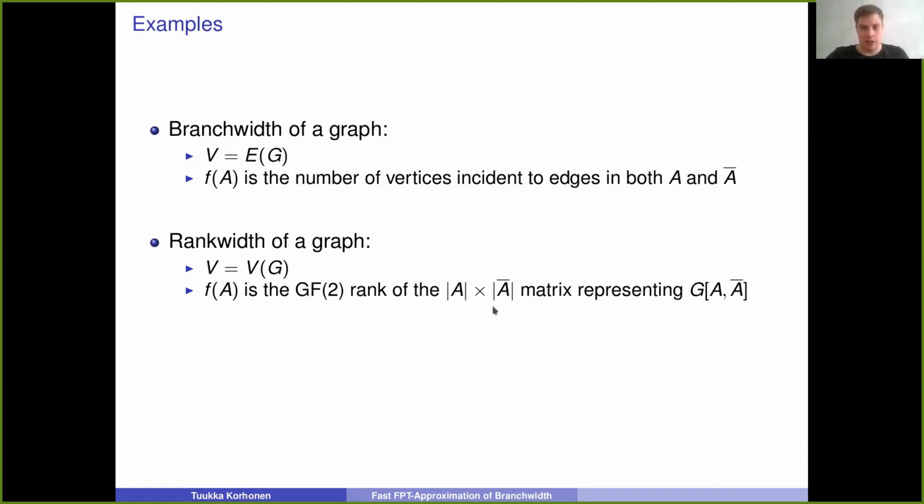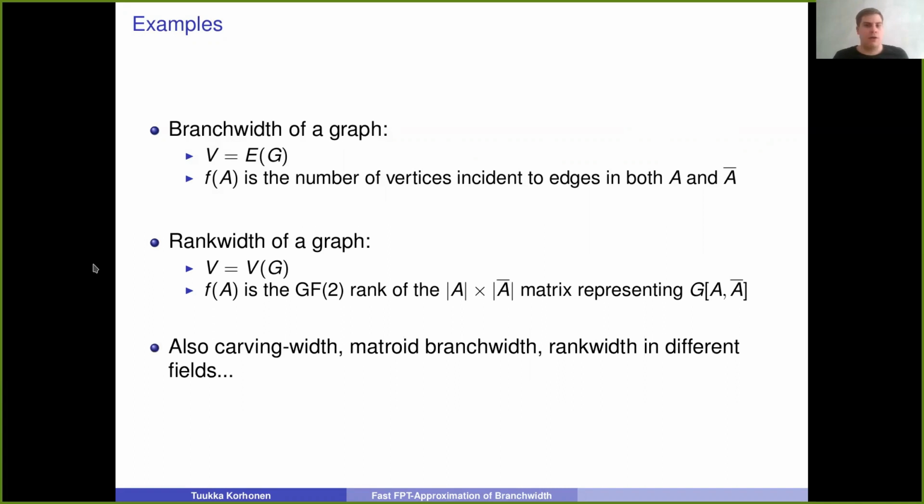So you can see the edges as an A times A bar matrix, where you have 1 if you have an edge and 0 if you don't. Then you can compute the GF2 rank of this matrix. And then there are some other width parameters that you can define like this, like carving width, matroid branch width, and rank width over different fields.